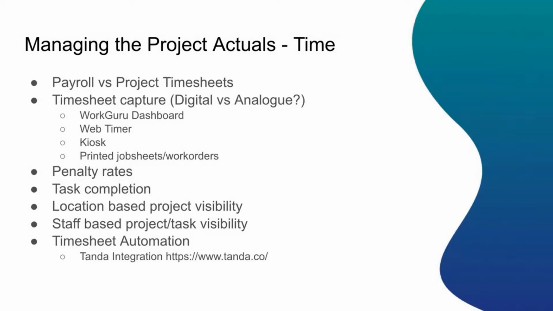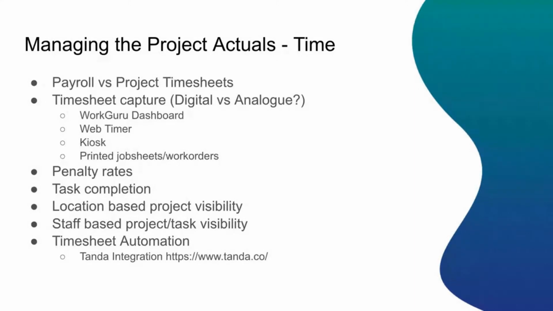You can set up specific warehouse locations within Workguru and tag a staff member to a specific warehouse location. That means they only see the projects that are part of that location. For example, if you've got two workshops, workshop A and workshop B, a staff member in location A doesn't see projects from location B. It's all relatively straightforward.